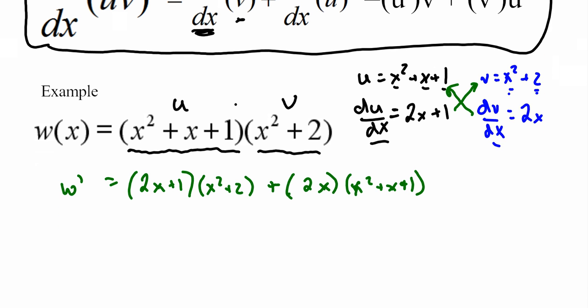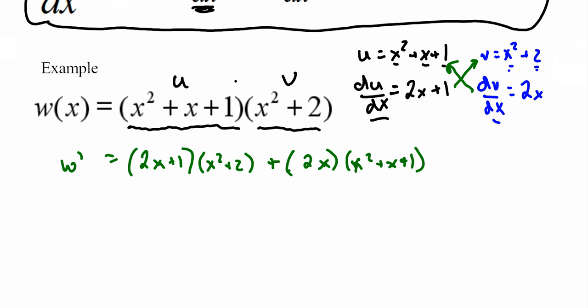Now, I'm just going to simplify that. Normally for my personal tests, I don't simplify because I just want to do some more problems, but I'm going to simplify in this case, just to show you that the product rule works. So we're going to FOIL this through. So we have 2x cubed, plus x squared, plus 4x, plus 2, plus 2x to the third, plus 2x squared, plus 2x.